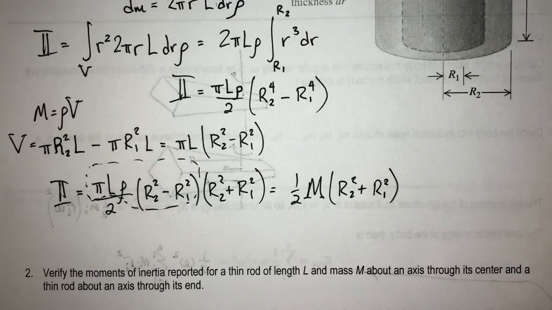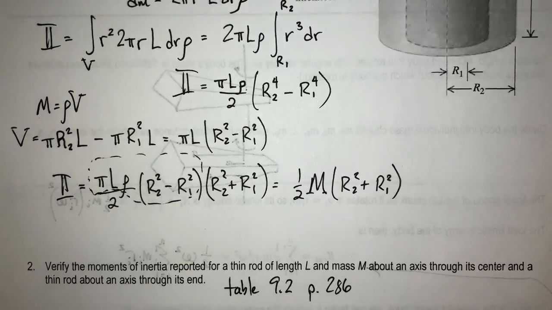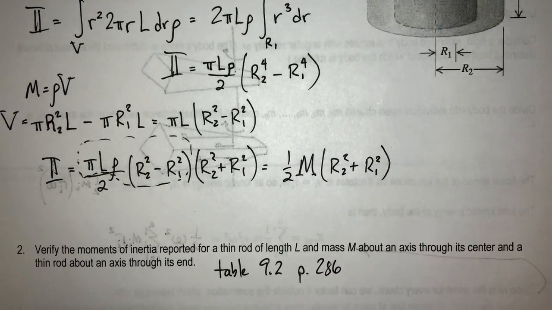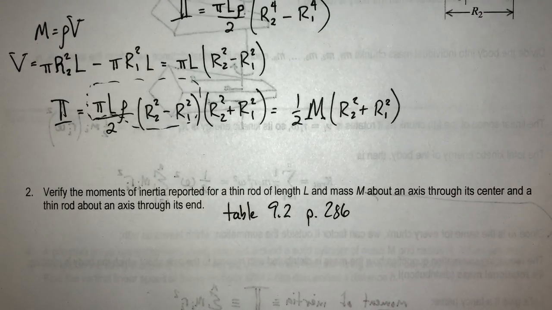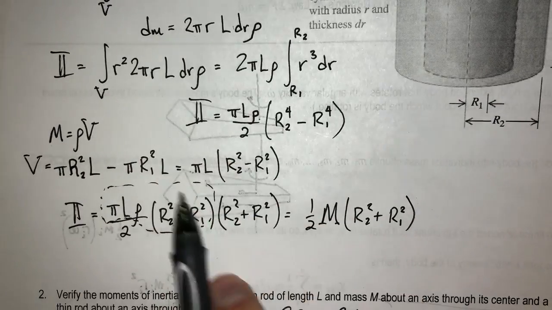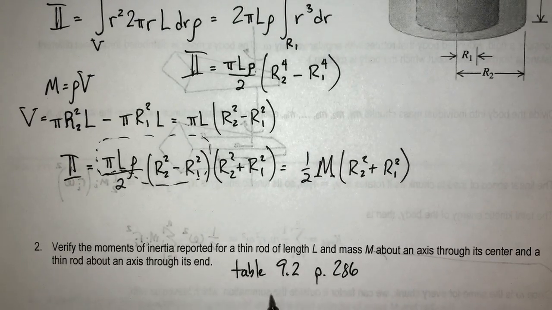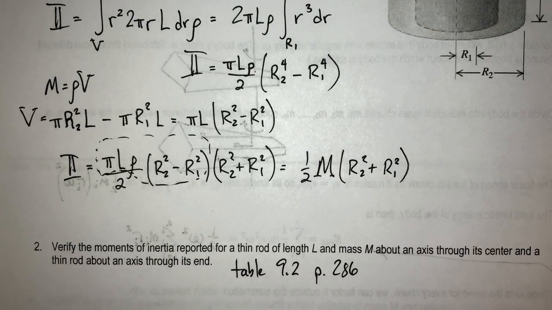Most of them, for a handful of regular objects, are in table 9.2 on page 286 of the textbook. On an exam, I'm just going to provide that table for you, so you can look forward to that. I'm going to leave this exercise 2 here for you. It's worth doing. Follow the same method that we just used and see if you can achieve the answers that table 9.2 reports.